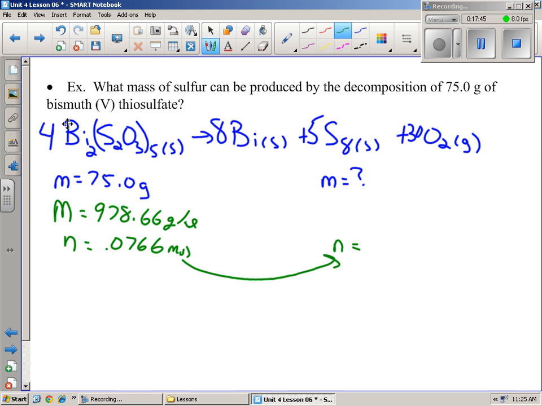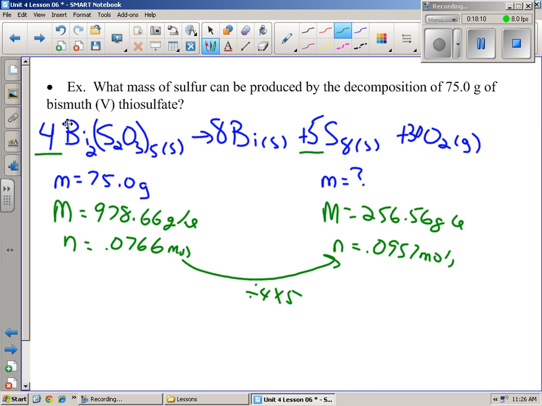Okay, well, and to move that over to there, let's see. Now I will use the numbers out front. So 4 to 5. Divide by 4, times it by 5. All right? Divide by 4, times by 5. Over here I get about 0.0957. Molar mass, 256.56.